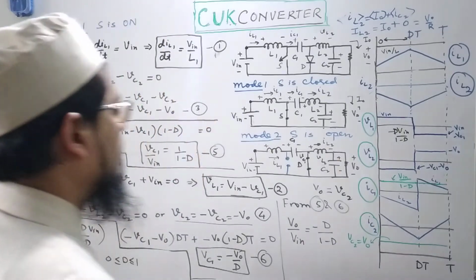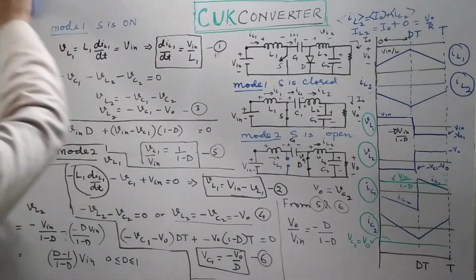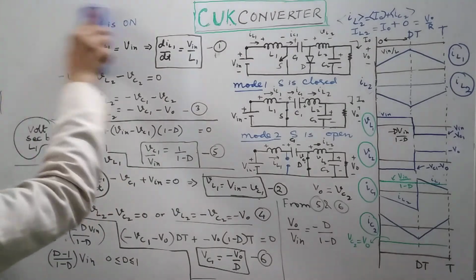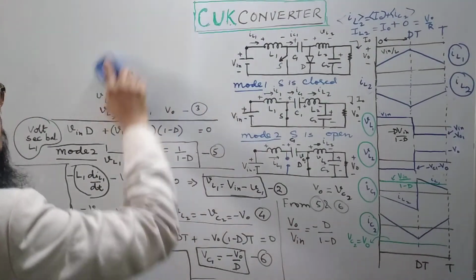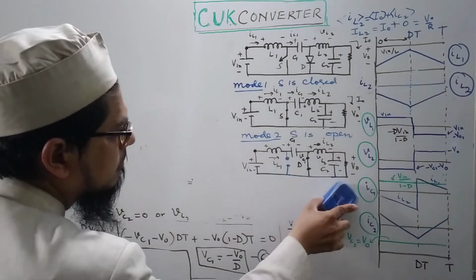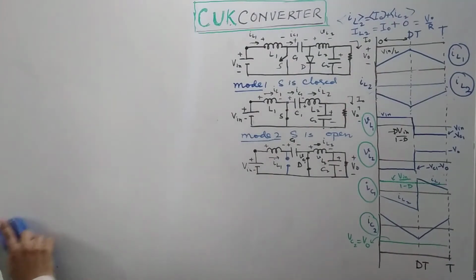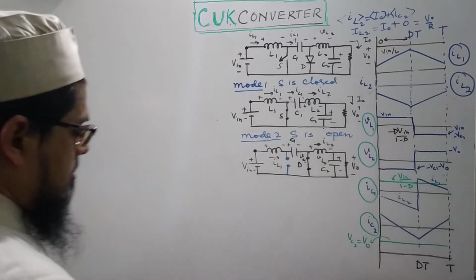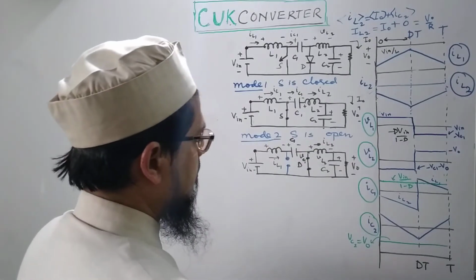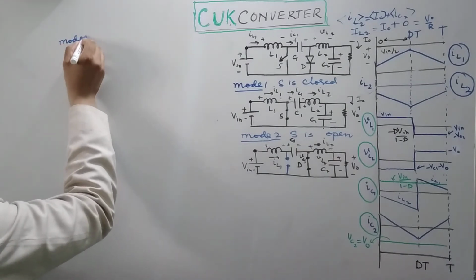Okay, so let me erase these things. I might be using some of these terms later. So we are interested in finding out the current IC1. In mode 1, what is IC1?